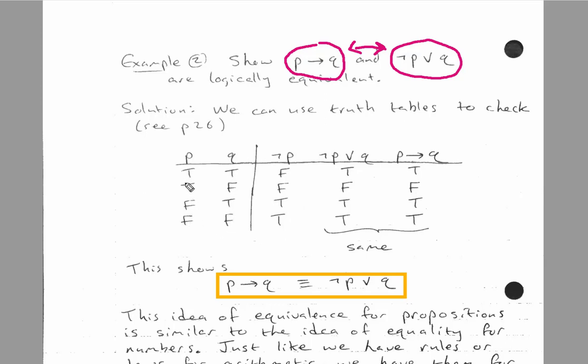As usual, here are the 4 combinations of P's and Q's. Here's not P, switching the truth value of P to its negation. And then here's not P or Q. That's only going to be false if not P and Q are both false. The rest of the time it's true.